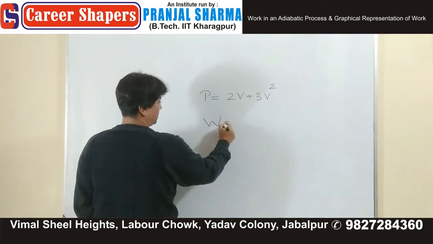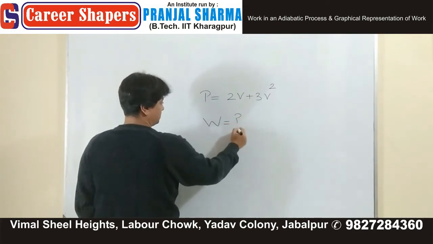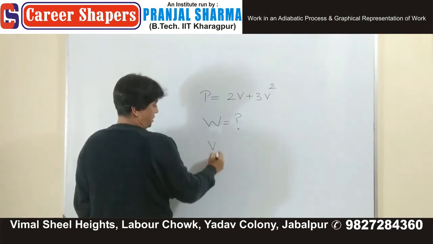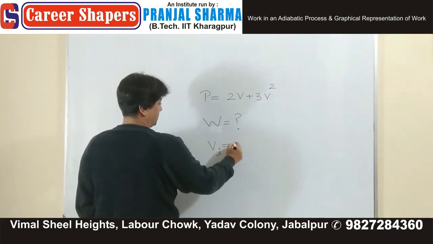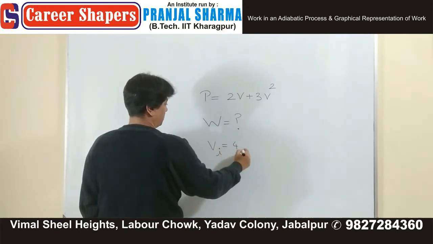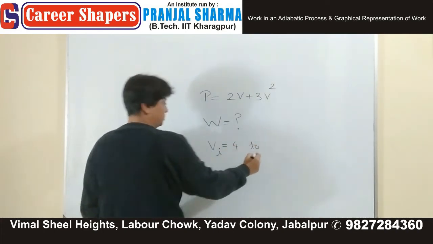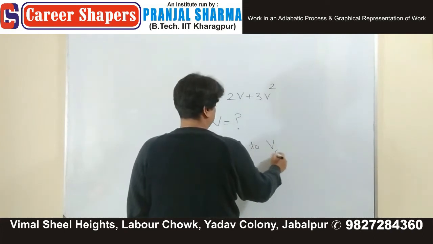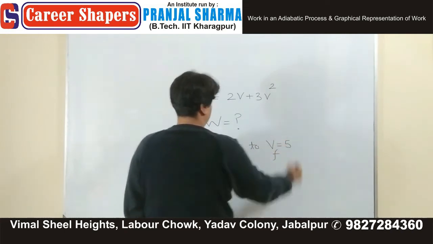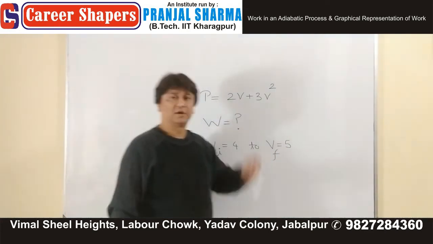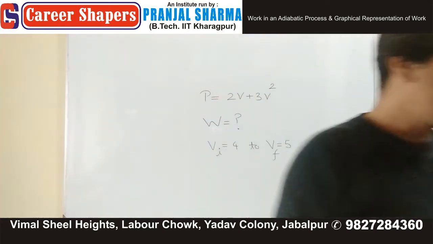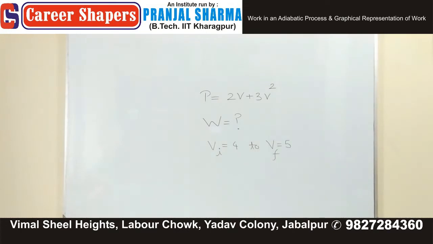Find out the work done by the system if volume changes from 4 to 5. V initial is 4, V final is 5. That's how pressure is given. Find out the work done by the system.